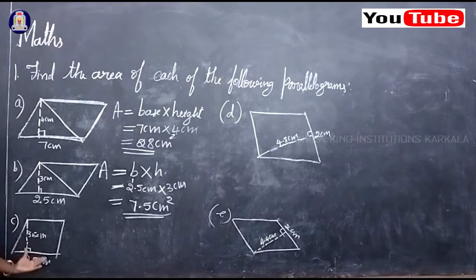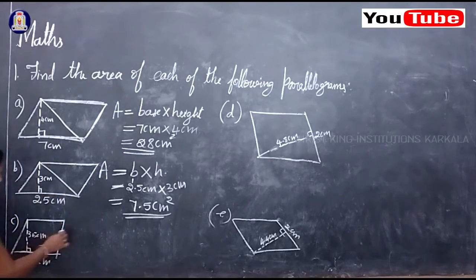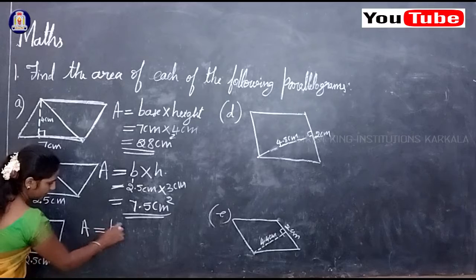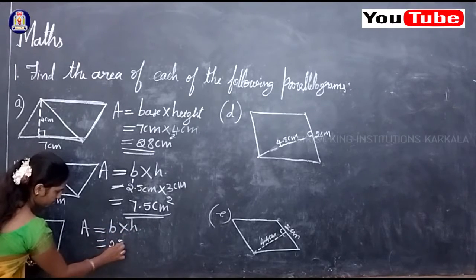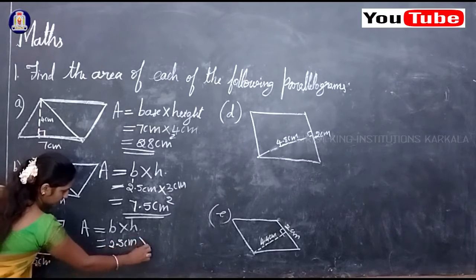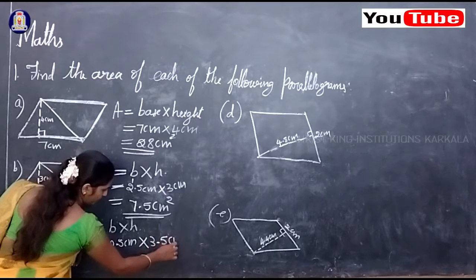Clear? Now the third one, if you observe, this is also the same type, and now you can understand which is the base and which is the height. So easily we can find the area of the parallelogram. Clear? Okay, we'll find the third question now. A is equal to B into H. Base is here 2.5 centimeter into height is 3.5 centimeter.